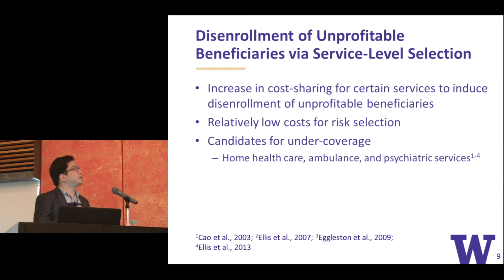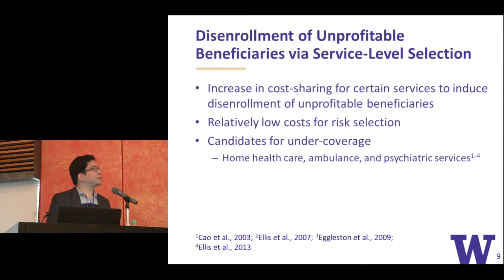And I think the health plans are likely to use service level selection more than other strategies because it is less costly. Under the service level selection mechanism, health plans don't need to predict each individual's healthcare expenditure. What they need to do is predict which services are more used by unprofitable people at the population level.